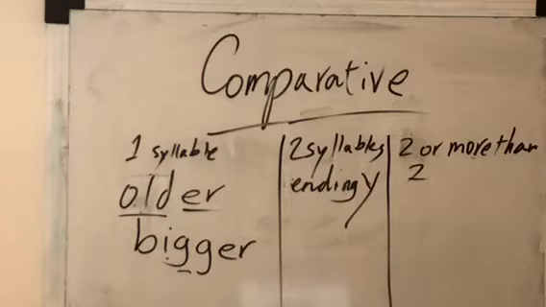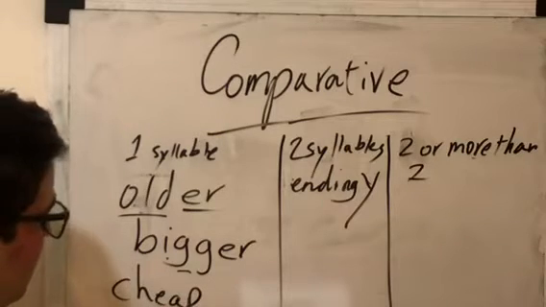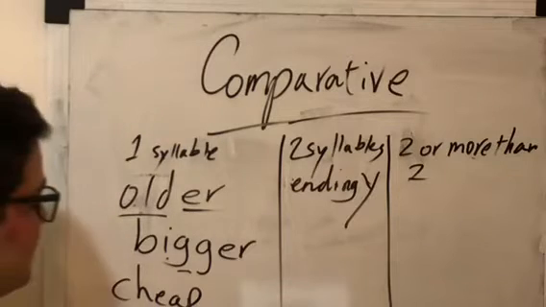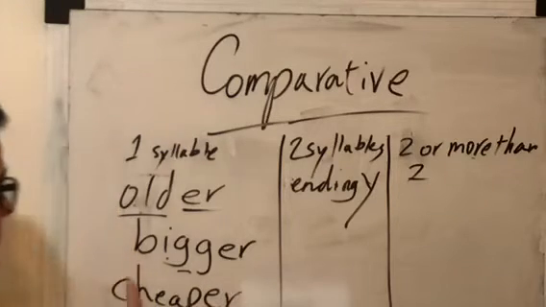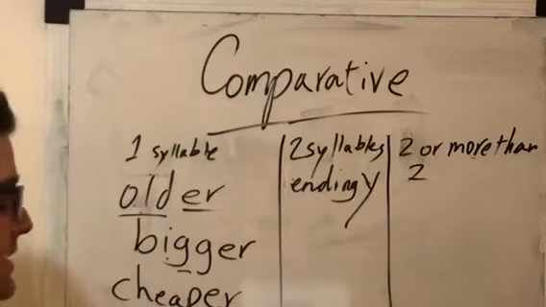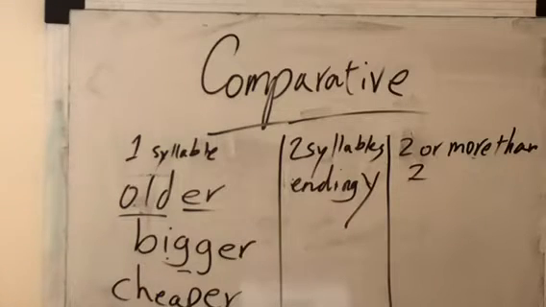The other things that you can say, like cheap. You can see we have just one vowel and you can add just er. One syllable, one vowel sound, you can say cheaper. Just add er to make a comparative adjective.